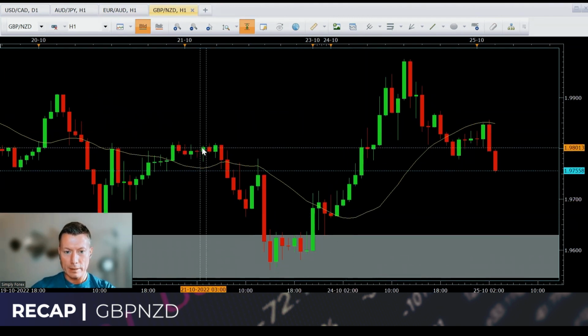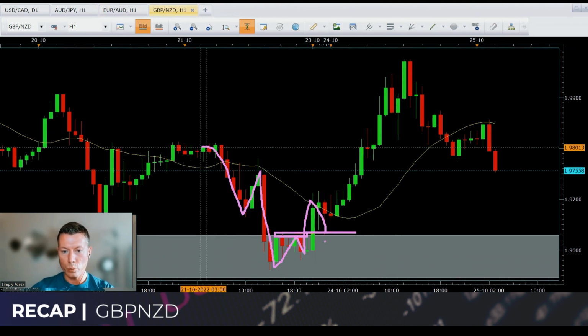So once price has come down, we're in a downward trend on the H1, lower lows, lower highs, lower lows, and then bang, we get a break of this area here. Okay, and then when price comes back down to here, this is the area to get in on. Yeah, and we see a rejection wick here, and to take price up from there, this was the area to get in on this pair.